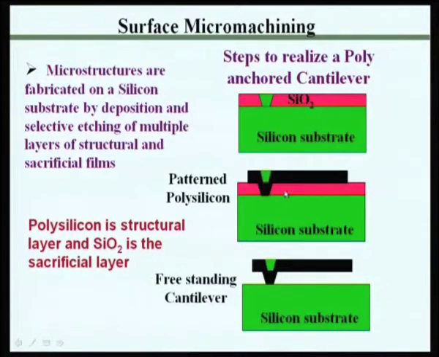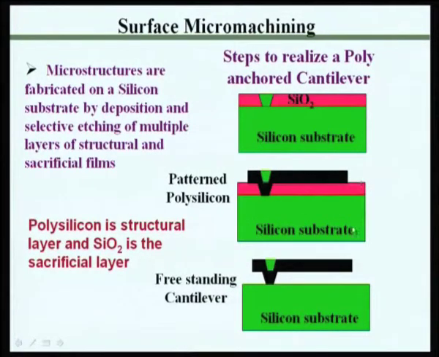Polysilicon, as I mentioned, is a good structural material and that can be used for microsystems applications. And this is obviously a structure that is freestanding. Hence, this layer which was deposited second is known as the structural layer.